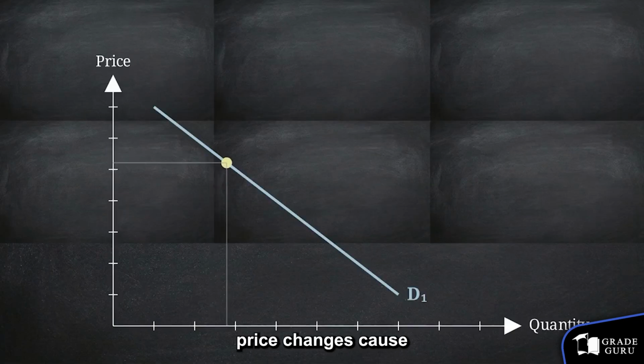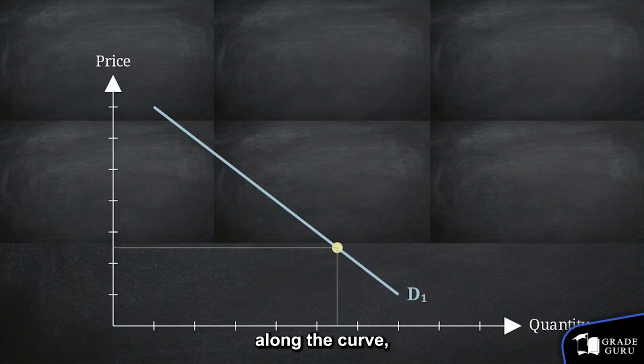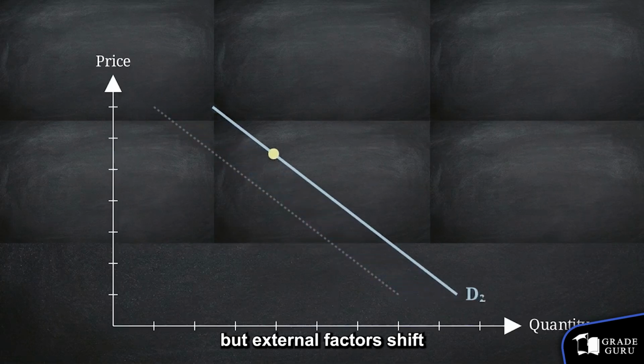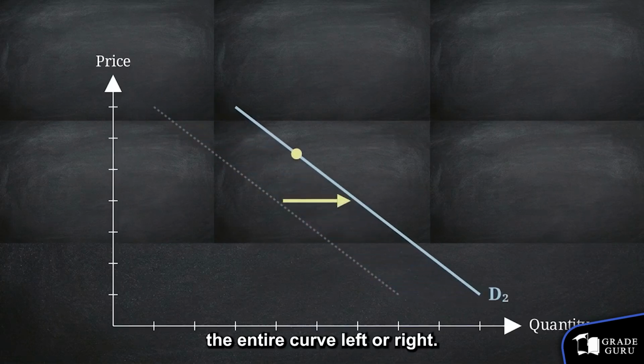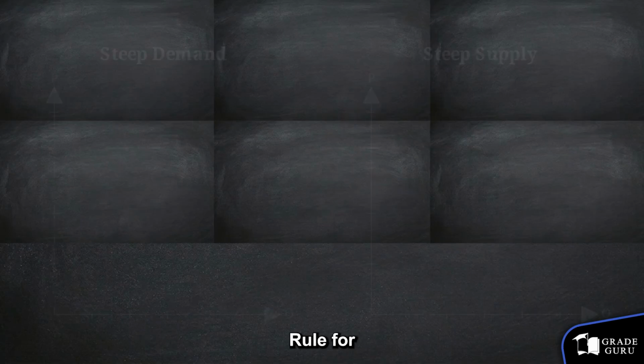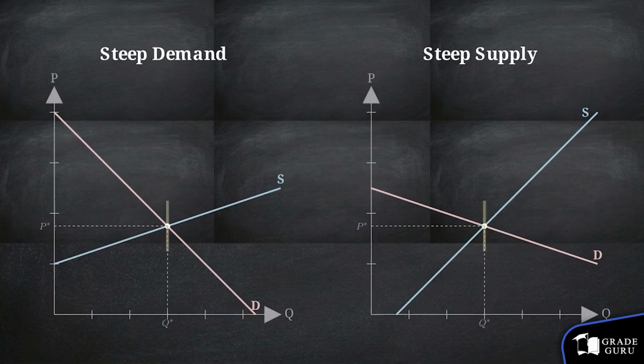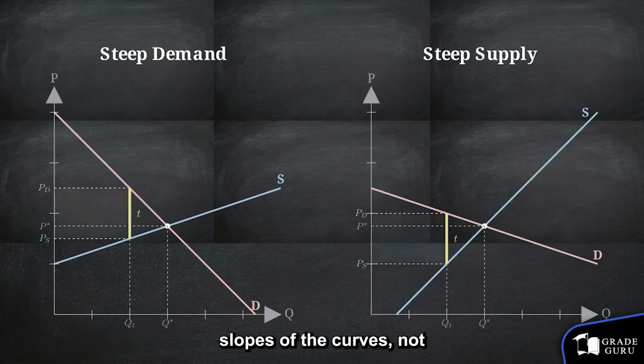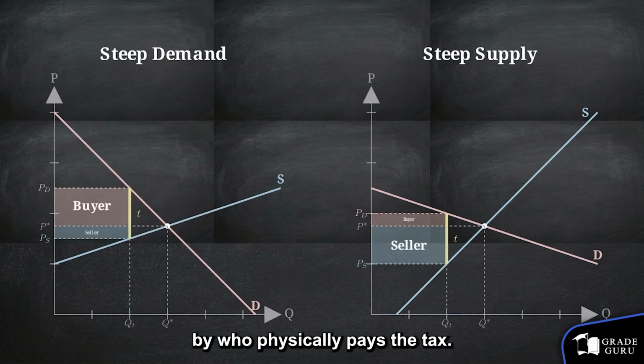Price changes cause internal movements along the curve, but external factors shift the entire curve left or right. Rule 3. Market equilibrium is self-correcting and represents a Pareto-efficient state with no unexploited gains. Rule 4. Tax burdens are determined strictly by the mathematical slopes of the curves, not by who physically pays the tax.